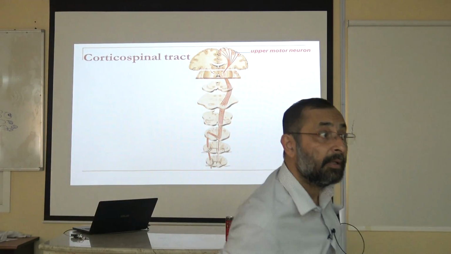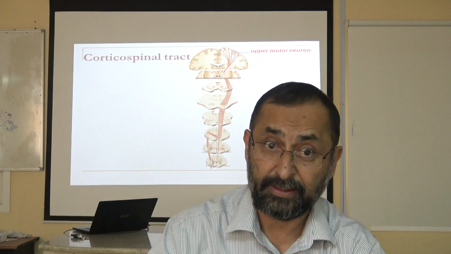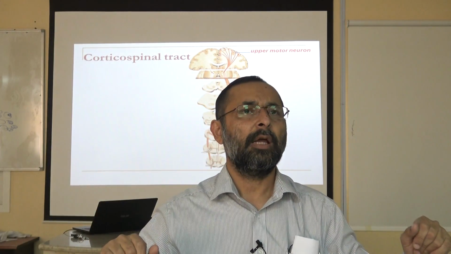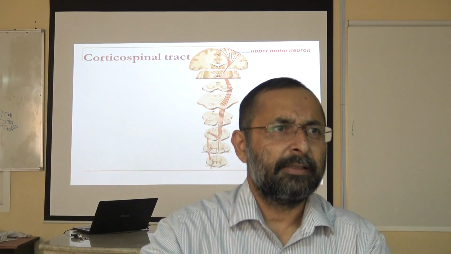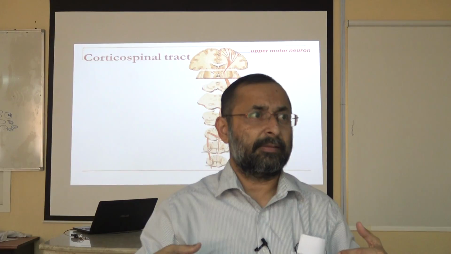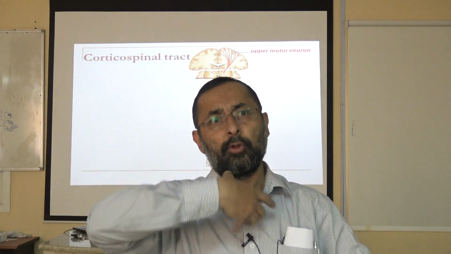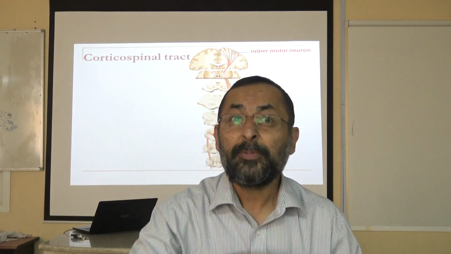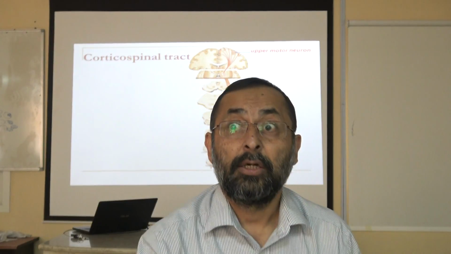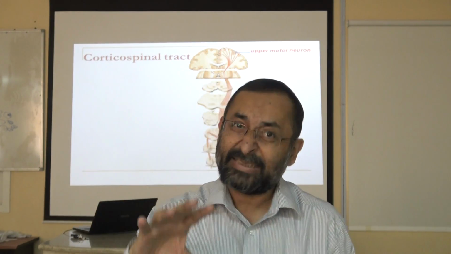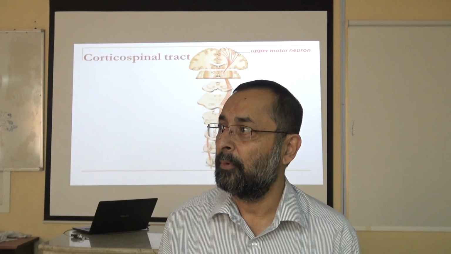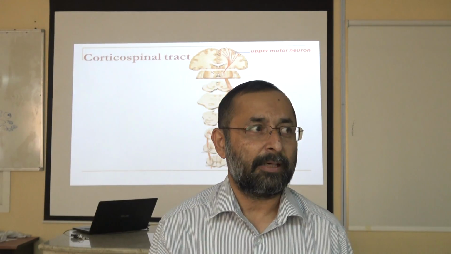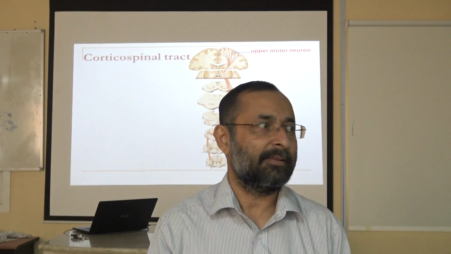They are controlled by corticospinal tracts. What do you think? Corticospinal tracts are controlling the whole spinal cord. Which part of the spinal cord should they control best or maximally? Upper part. When you say upper part, what do you mean?